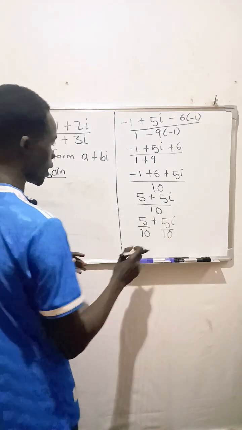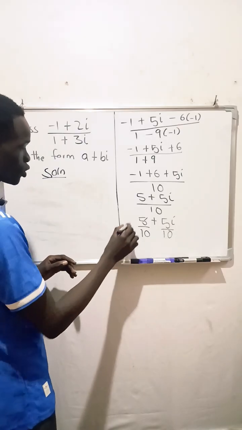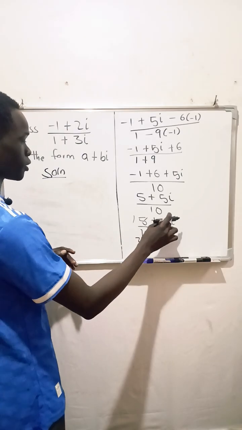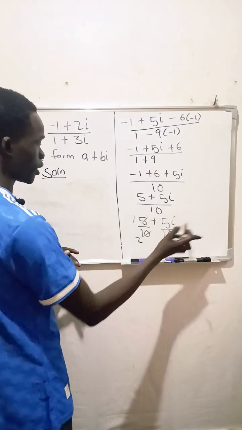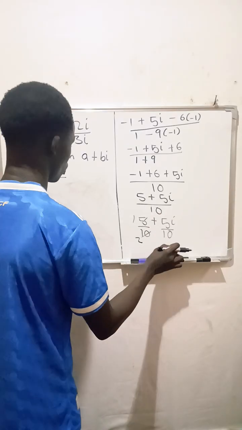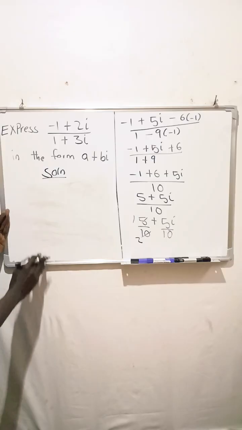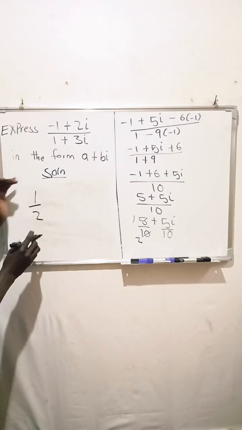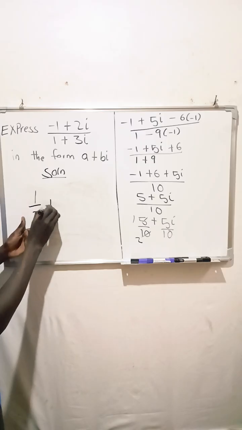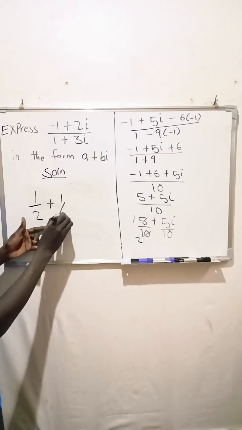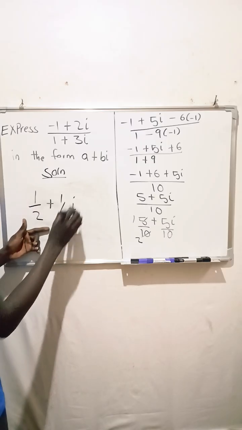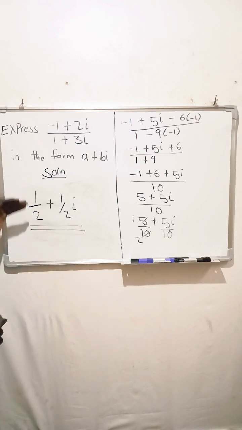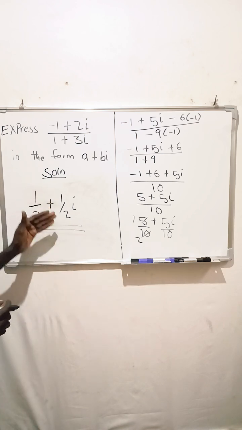Dividing by 5, we get 1 out of 2, and the same for the other term, 1 out of 2. So our final answer is 1 out of 2 plus 1 out of 2i.